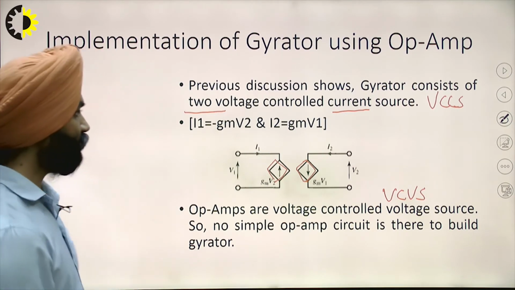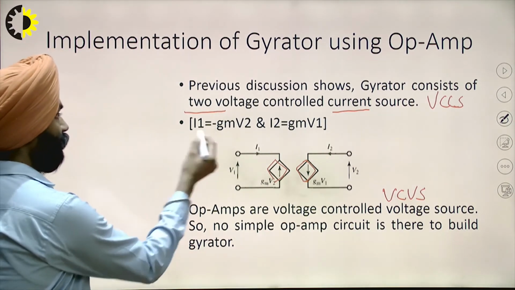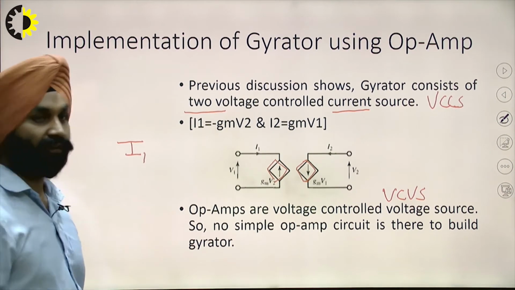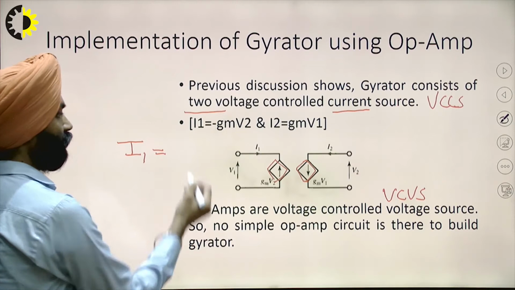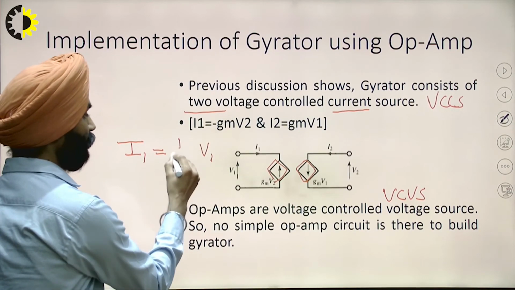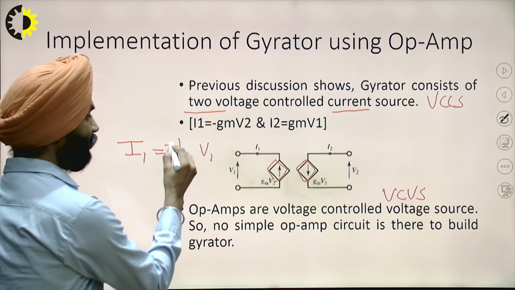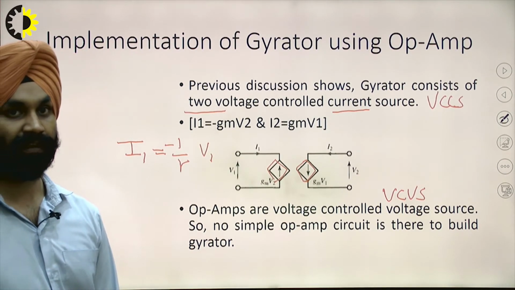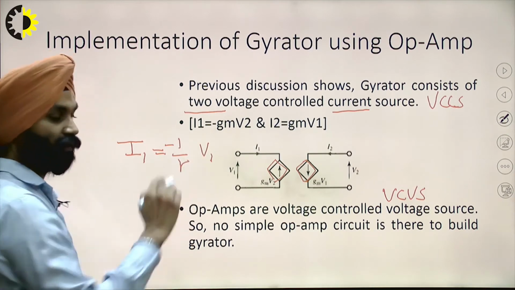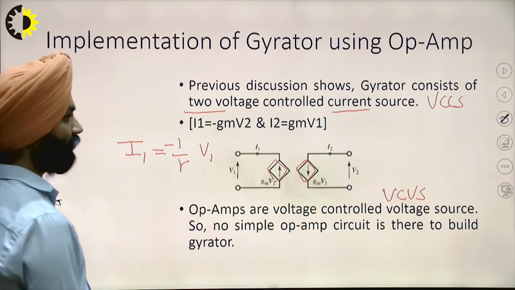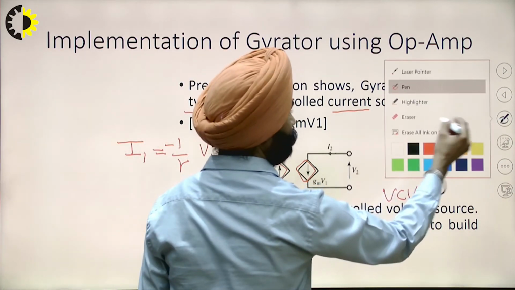Now if we see the equations, the input current was proportional to the output voltage V2, and the proportionality constant was 1 by R with a negative sign to show the direction of the current. This is the gyration resistance, 1 by R, and 1 by R can be taken as GM, the conductance.